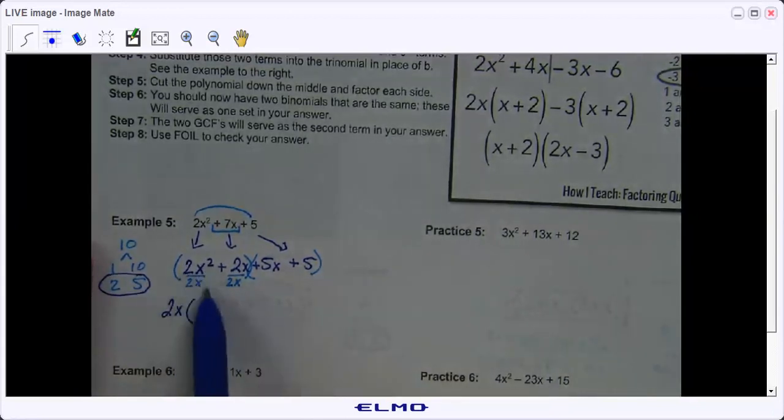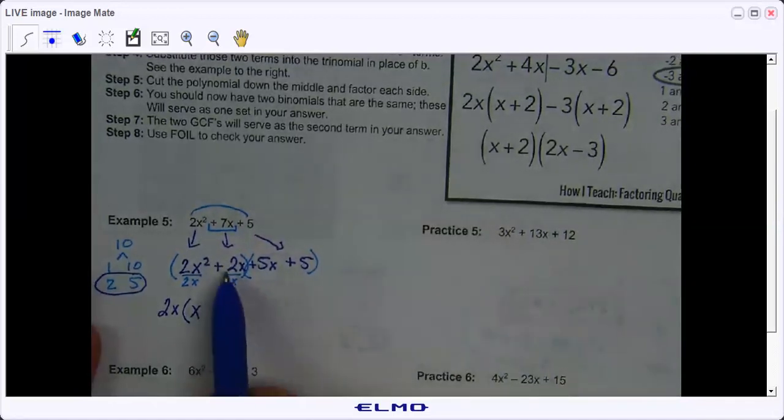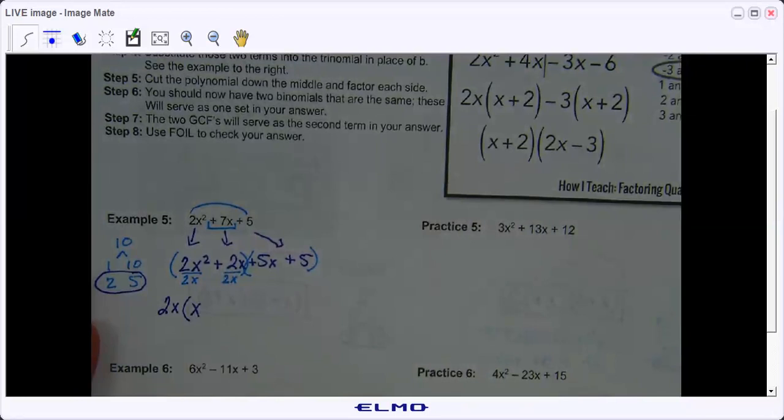So 2x squared divided by 2x is x. This is going back to chapter 5, where we learned about the exponent rules. You should know that x squared divided by x is x, because you subtract the exponents. And then 2x divided by 2x, a lot of students get this mixed up. It is not 0, and we don't get rid of it. It just becomes a 1.